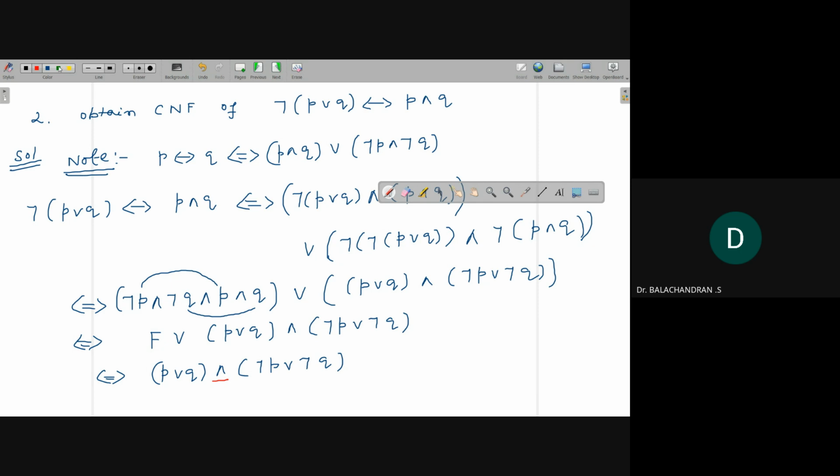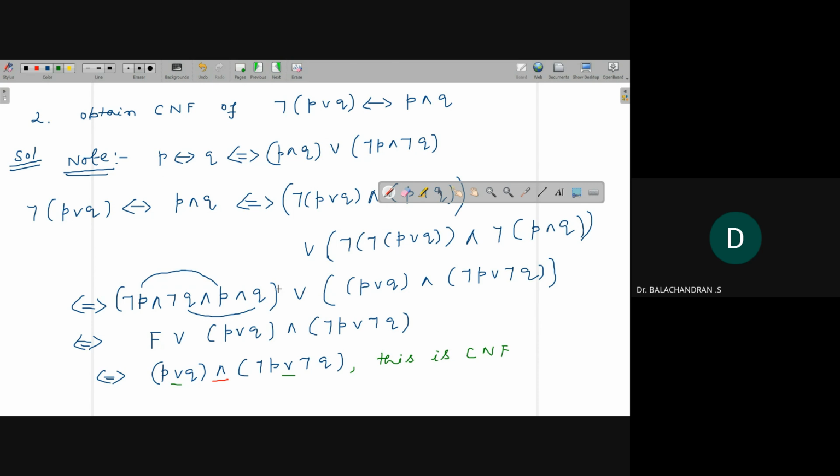Product here, and this is sum. Product of sums. So this is again CNF. So this is the CNF of the given formula.